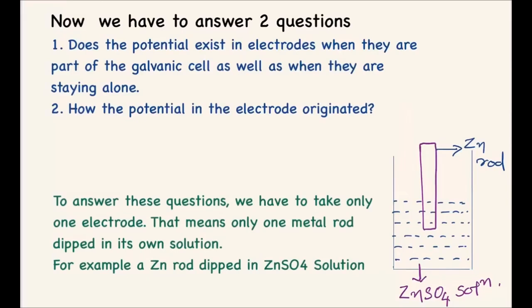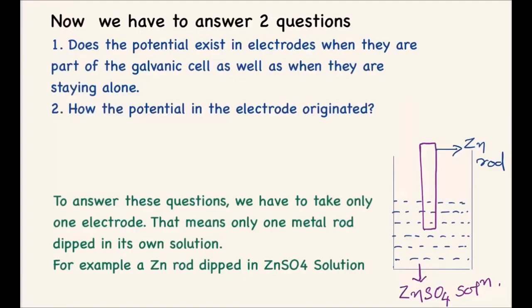We have to answer two questions. First, does the potential exist in electrodes when they are part of the galvanic cell as well as when they are staying alone? We studied that electrodes have their own potential. Now the first question is whether that potential belongs to them when they are part of the galvanic cell as well as when they are staying alone.